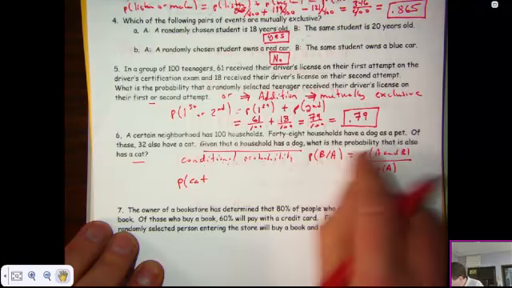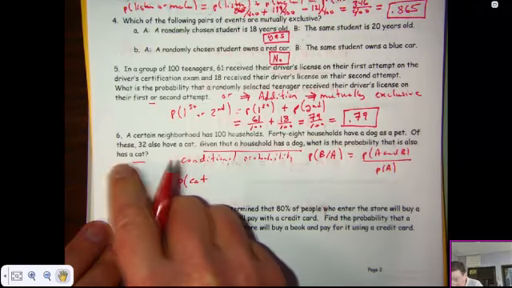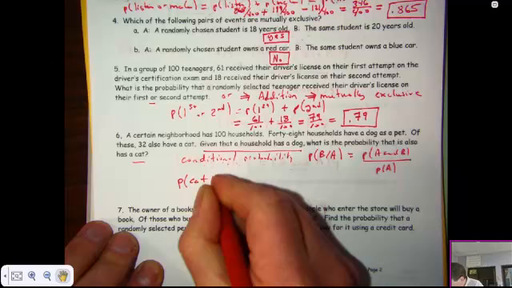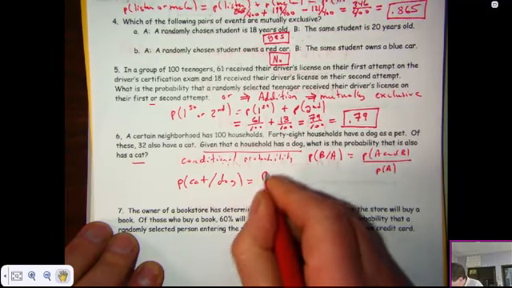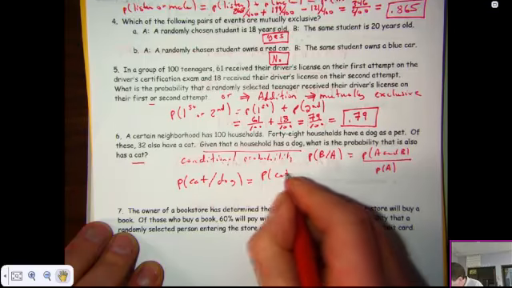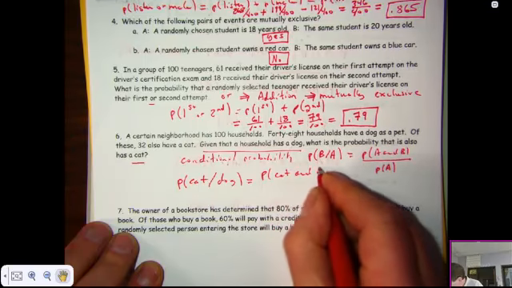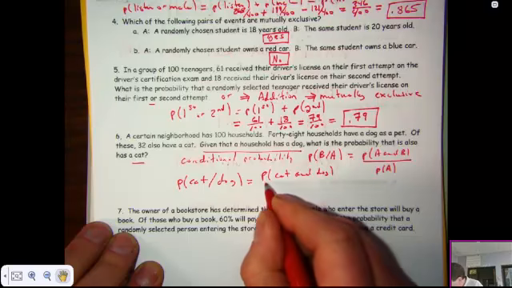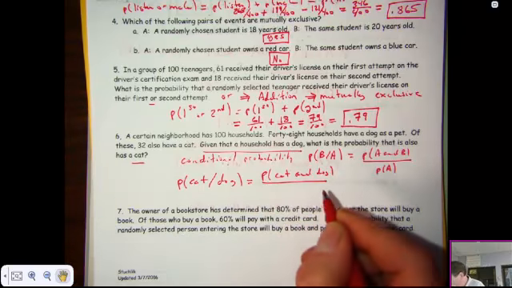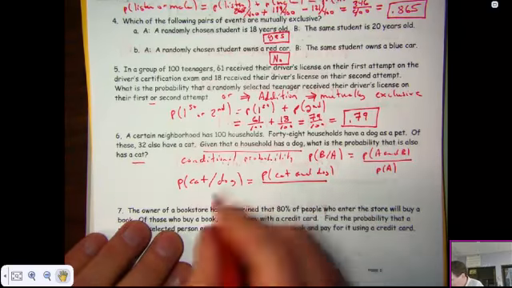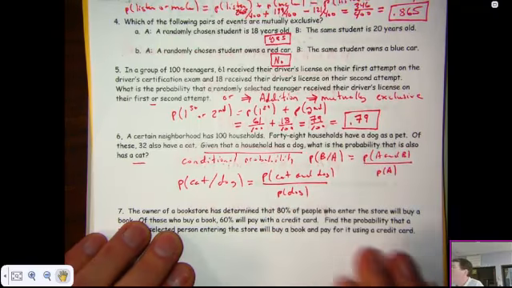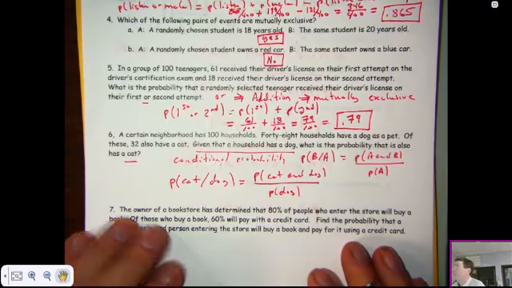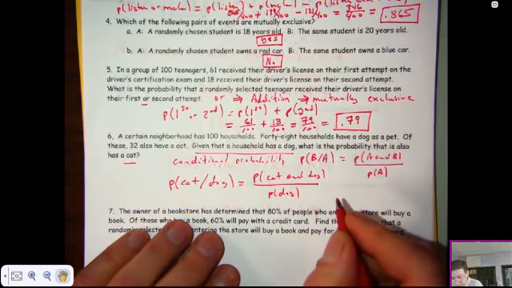What's the probability that it also has a cat given it has a dog? That would be the probability of a cat and a dog, divided by the probability of the condition, which is the dog. So just working my way through the formula.